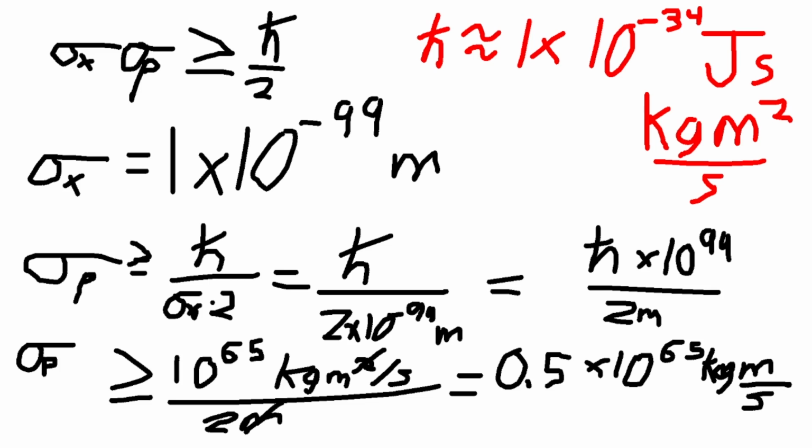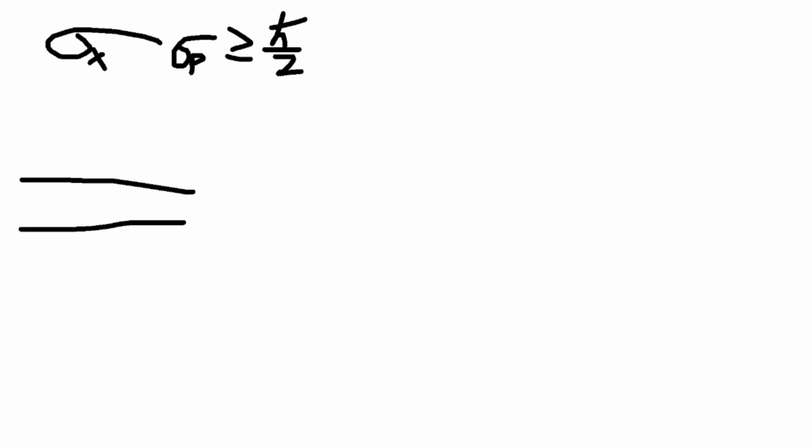So what does this mean, and what does it have to do with lasers, which is the context I actually brought this up in the first place. So we'll clear ourselves off and just start with this equation again. So what is a laser? A laser is basically saying that we want to have waves of light coming out of a thin opening.